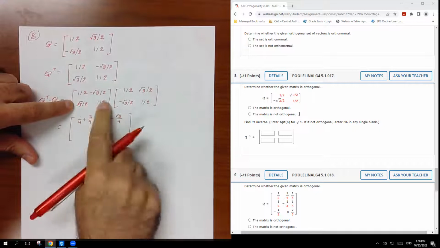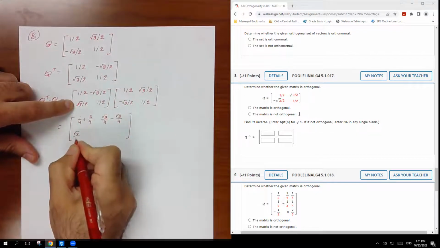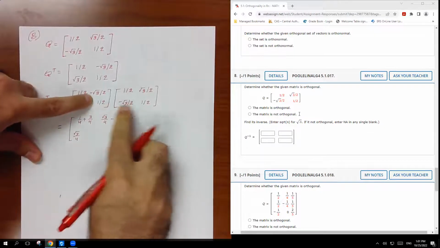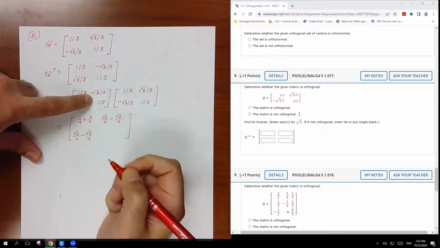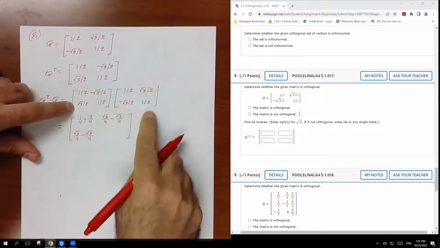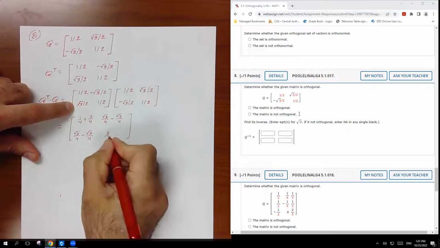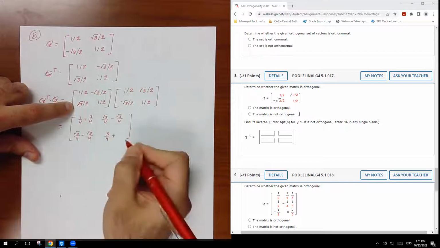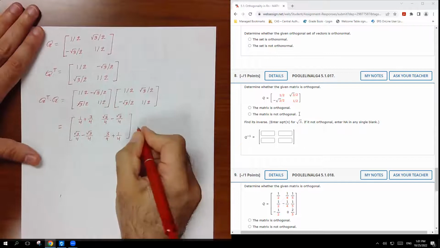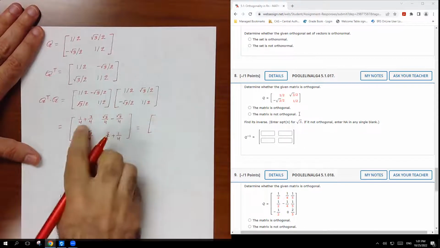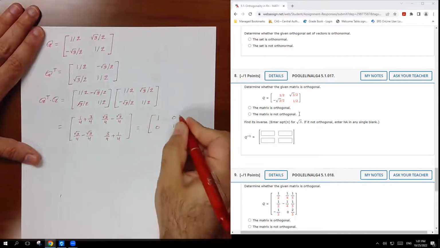Now the second row times the first column. So it's going to be square root of 3 divided by 4, and this one times this one, so minus square root of 3 divided by 4. The second row times the second column, square root of 3 times square root of 3 is going to be 3/4, plus half times half is going to be 1/4. That means the result here is 1, this is 0, this is 0, and this is 1.